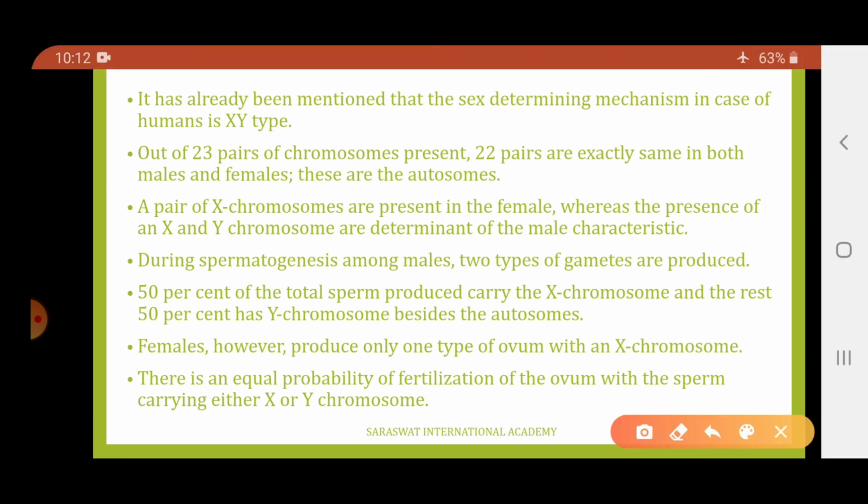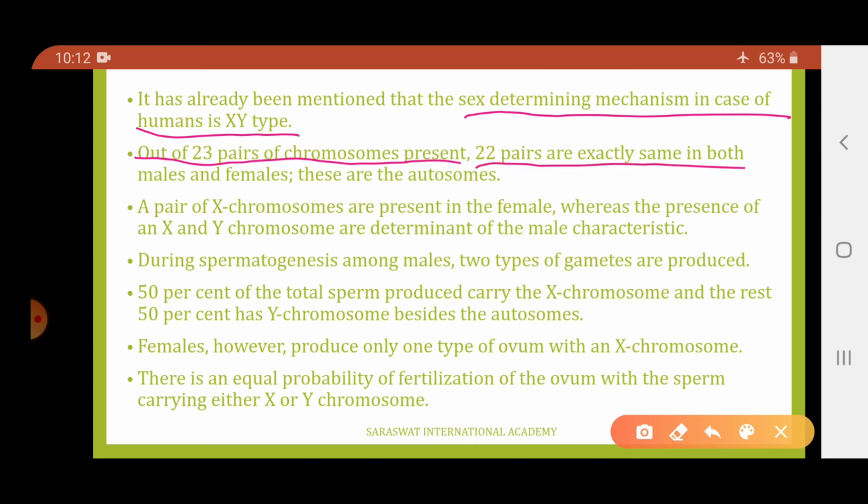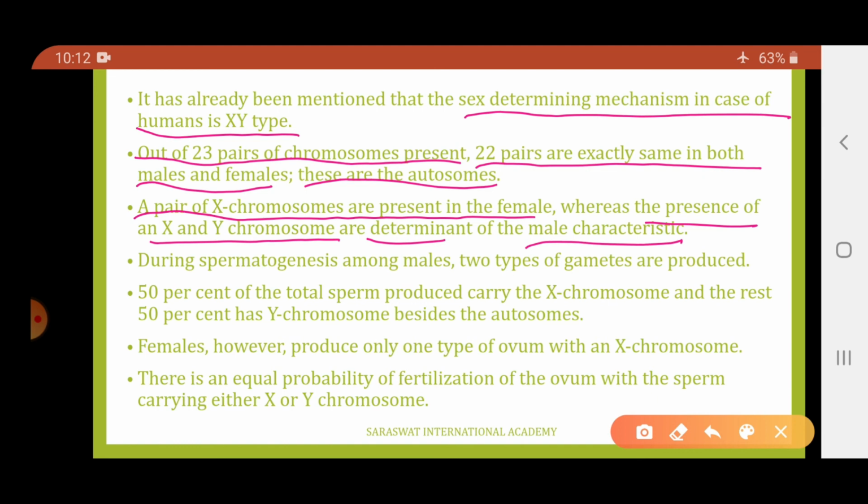We have already mentioned that the sex determining mechanism in humans is XY type, right? Out of 23 pairs of chromosomes, 22 pairs are exactly the same in both males and females. They are called autosomes. A pair of X chromosomes is present in females, whereas the presence of X and Y chromosomes is determinant of the male characteristic.